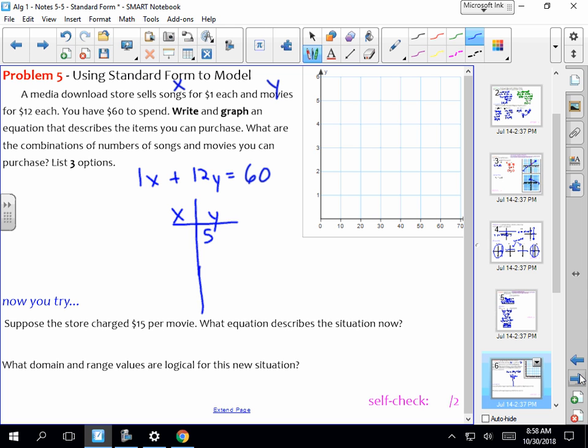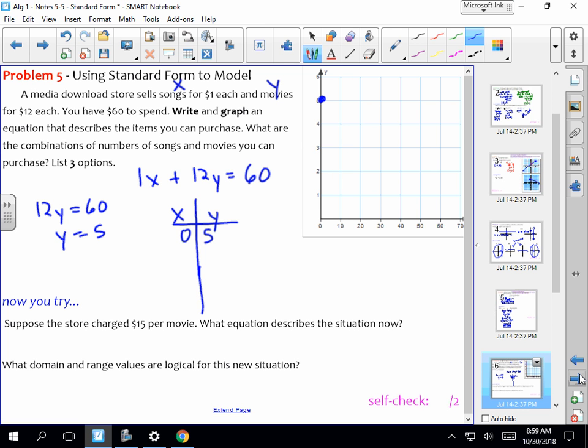I would have nothing left for songs. So I'd have 0 left for songs. So up here we have 0, 5 is one of my intercepts. That's just solving 12y equals 60, y equals 5.